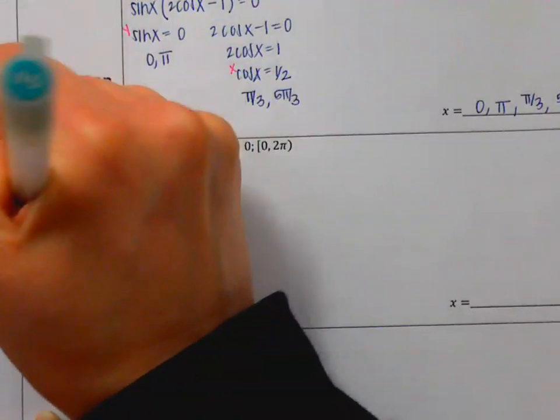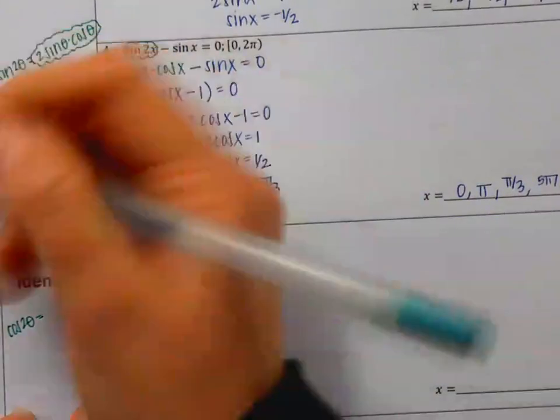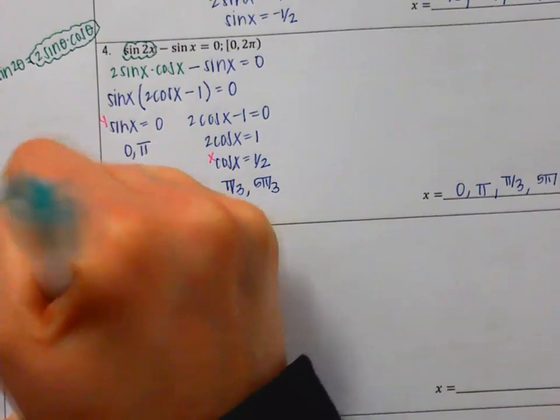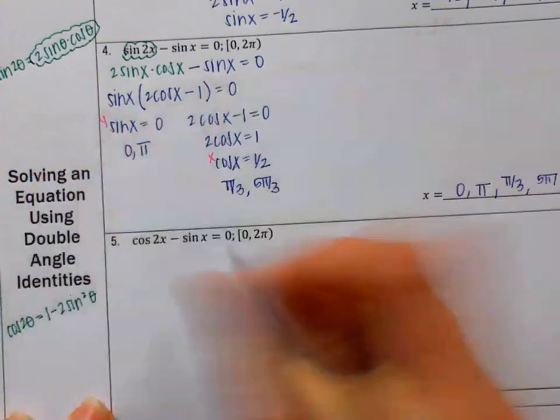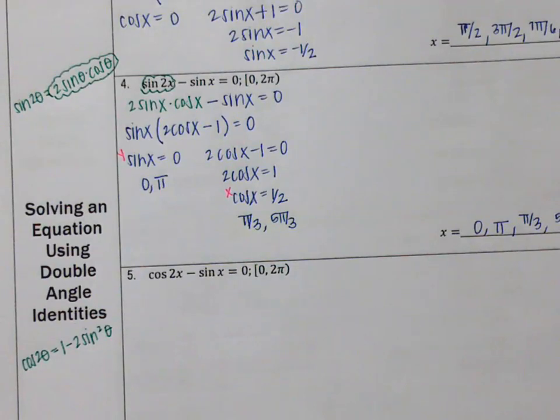So that would be cosine 2 theta equals 1 minus 2 sine squared theta. If this was a cosine, we'd use the 2 cosine squared theta minus 1.